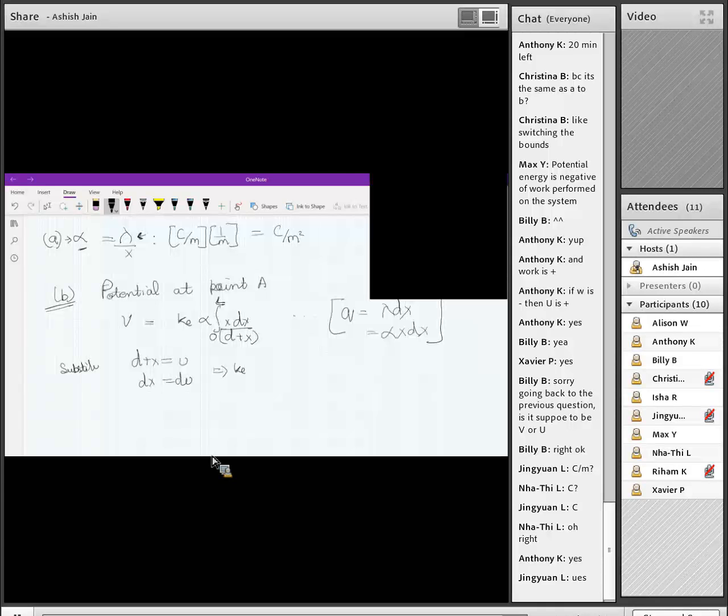Substituting, k alpha integral of u minus d by u du.